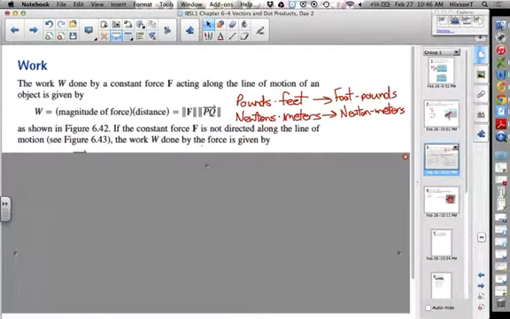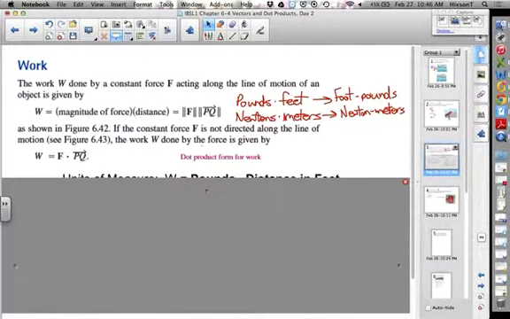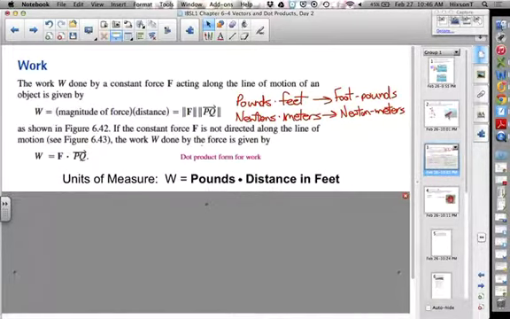Okay, if the constant force F is not directed along the line of motion, the work done by the force is given by, and they have one formula that uses the projection, but we're going to look at this formula, the force times the distance. It's a dot product form, okay?